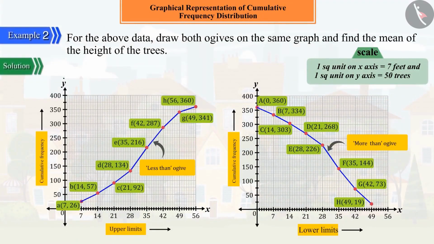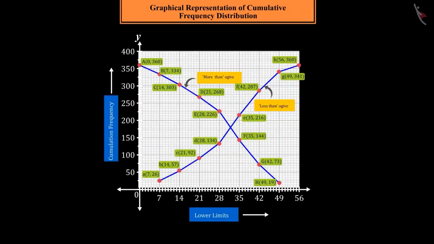Since we have to find the median for this along with both types of ogives, can you guess what we have to do for this? Perfect! For this, we will draw both ogives on the same graph. If you look carefully, you can tell that these two ogives intersect each other at a point.